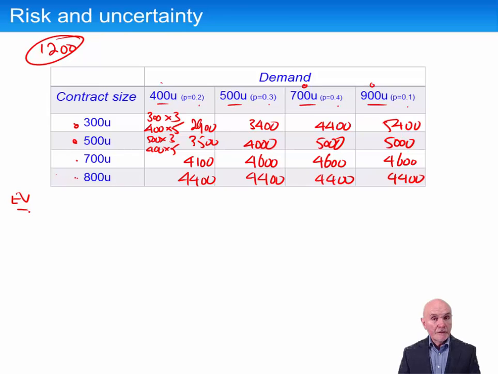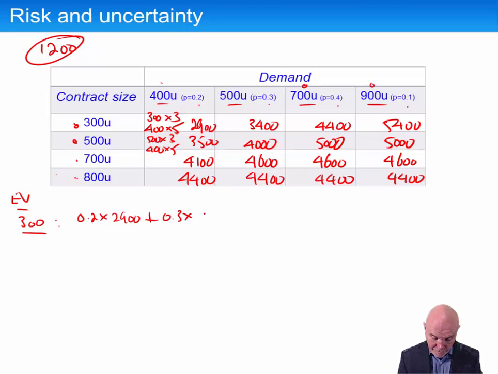So on the first one, if John signs up to guarantee 300 going to this special person, then there is a 0.2 chance we're going to get 2,900, and 3 out of every 10 weeks we're going to get 3,400.